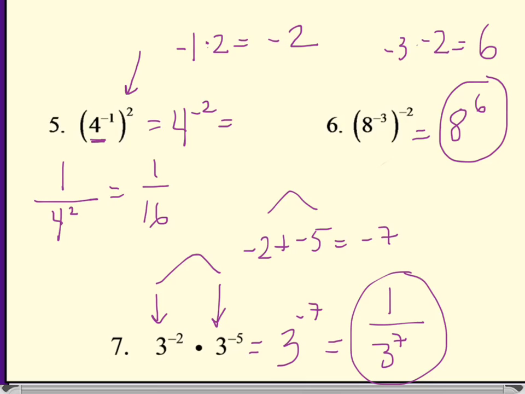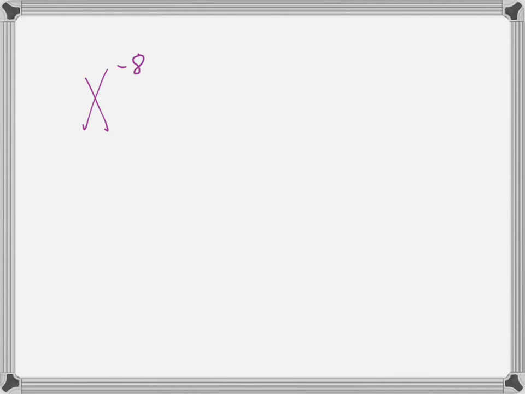So what you are responsible for is being able to, for instance, rewrite this. Usually what you're asked to do is, you're given something with a negative exponent and you're asked to write it with a positive exponent. So, for instance, someone might ask you to rewrite this expression with a positive exponent.